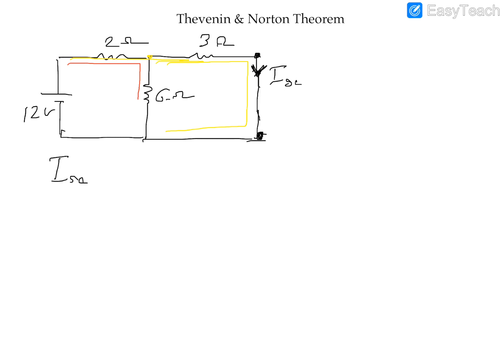So if you look at it, this circuit is going to look somewhat like this. You've got a voltage source of 12 volts. You've got a series resistance of 2 ohms. And you've got 3 ohms in one branch, and you've got 6 ohms in another branch.